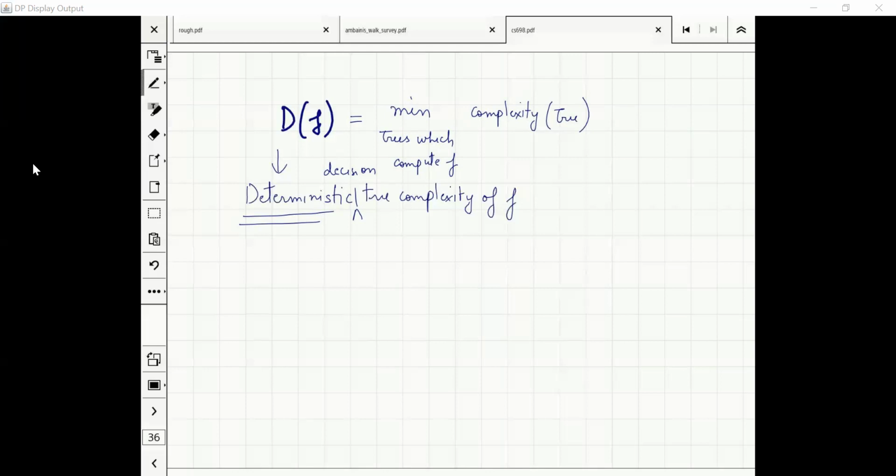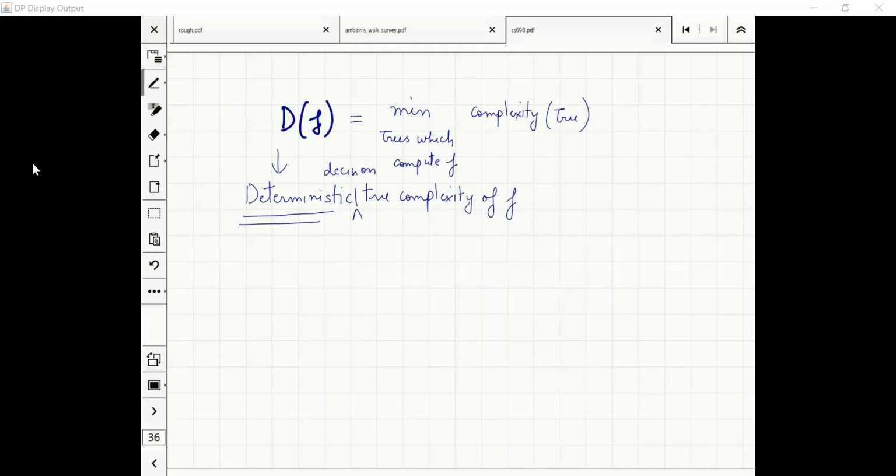We should compute f correctly at every input, every instance of the algorithm, whenever we run it. But let's go into this later. If you have heard of randomized algorithms, then this deterministic should be clear. If you have not, we will talk about it in the next class. Let's call it decision tree complexity for this lecture.